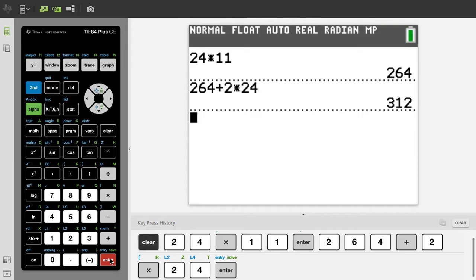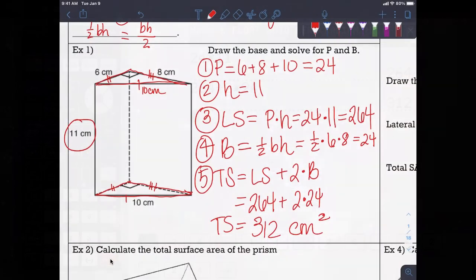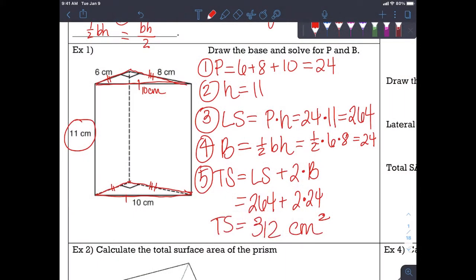So my total surface area is 312 centimeters squared. Simple. We always follow the same steps for any type of prism, even a cylinder. The formula might change a little bit depending on what the shape is, but it's always the same process.